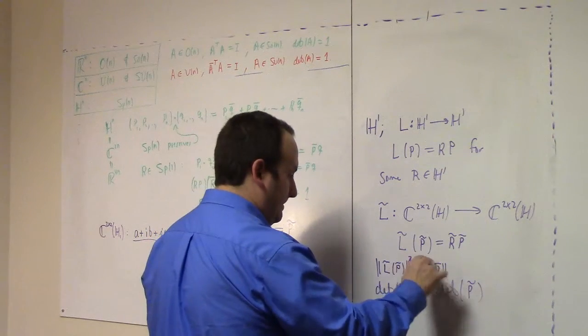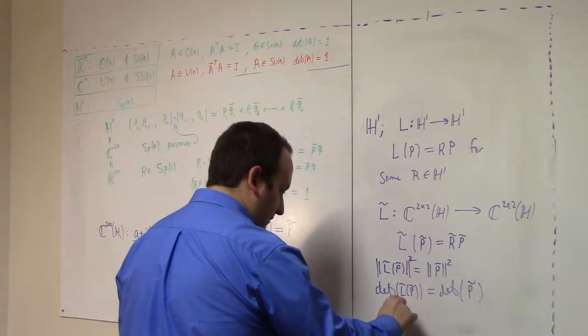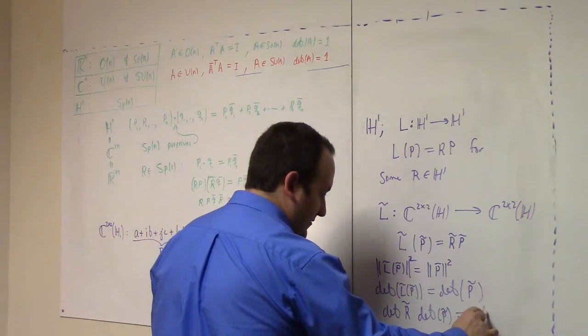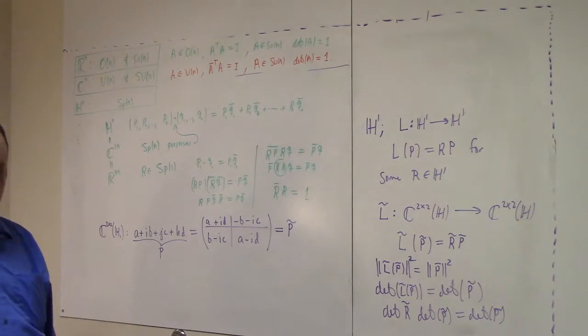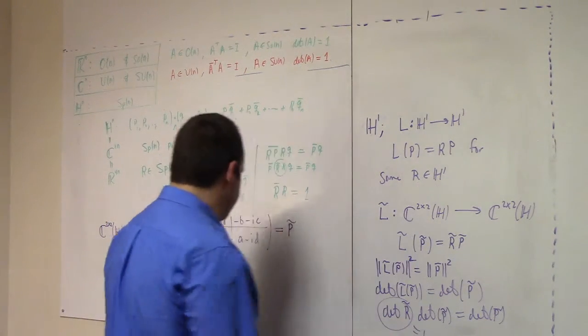Right, and so the determinant of R tilde times the determinant of P tilde equals the determinant of P tilde, but that holds for all P tilde. So consequently, we must have the determinant of R tilde equal to 1.